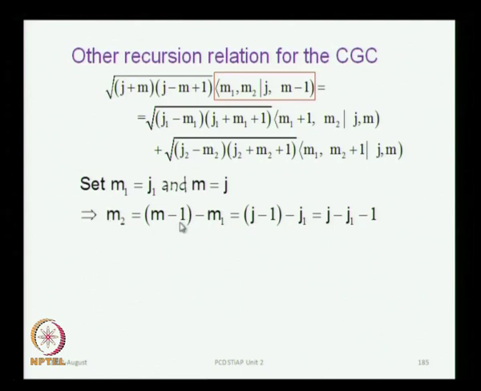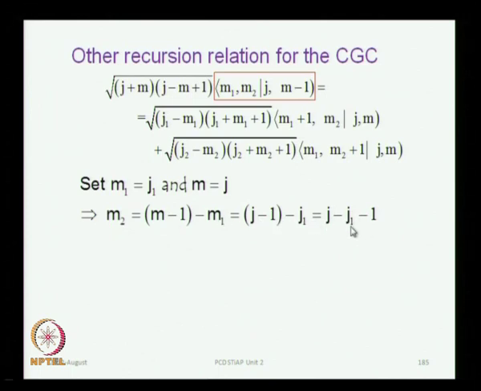So, m2 must be m minus 1 minus m1, but m minus 1 will be j minus 1 because we have chosen m to be equal to j, and then you subtract m1 from it, and m1 has been set to j1. So, m2 now becomes j minus j1 minus 1.